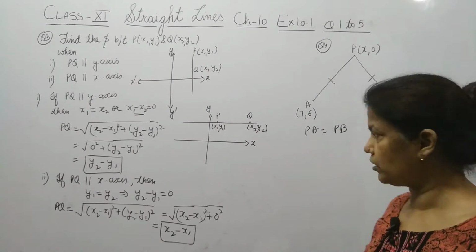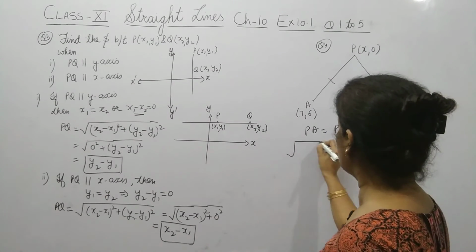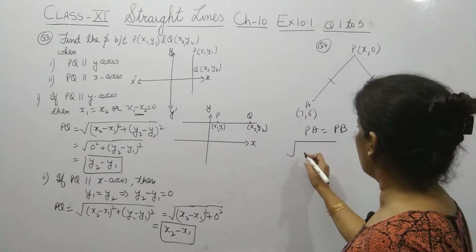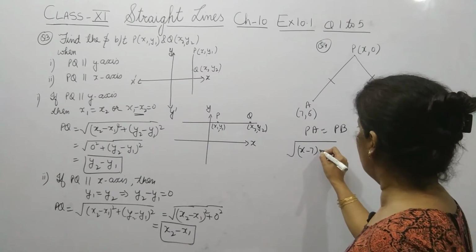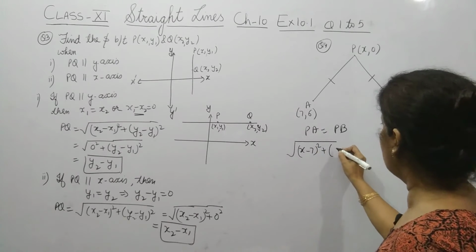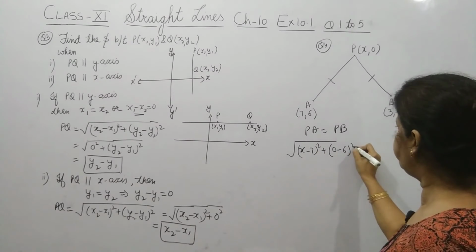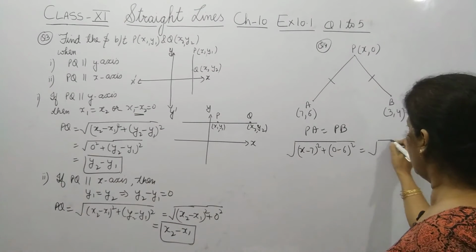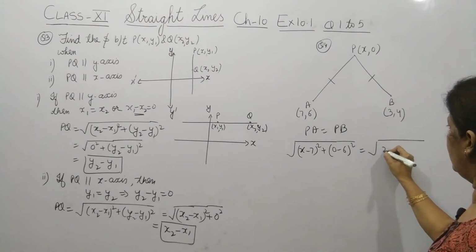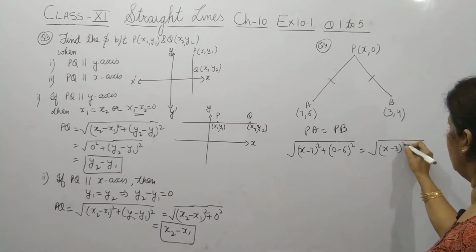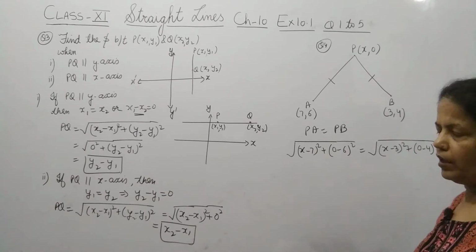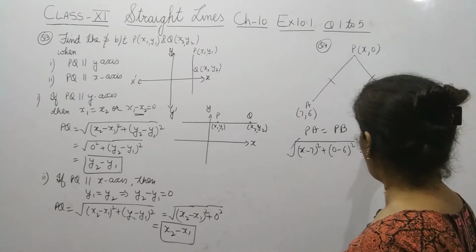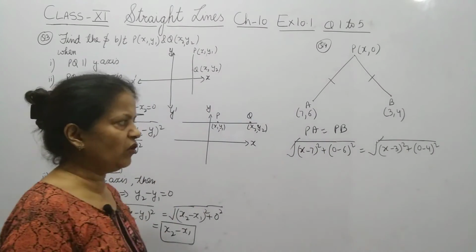Now use the distance formula to get the answer. Square root of (x minus 7) square plus (0 minus 6) square equals square root of (x minus 3) square plus (0 minus 4) square. I think now you can solve it further to get the value of x.